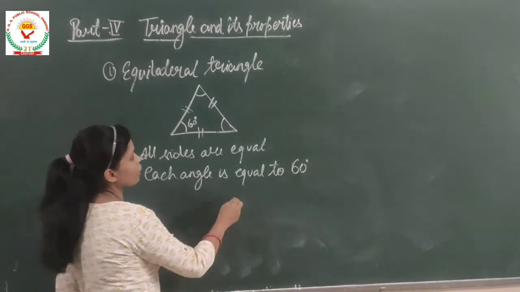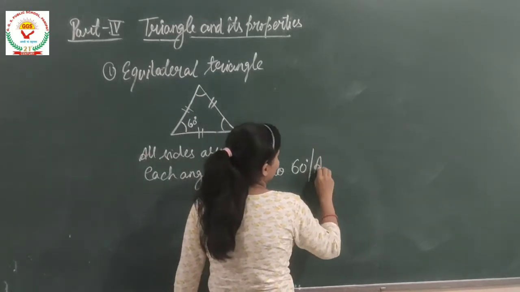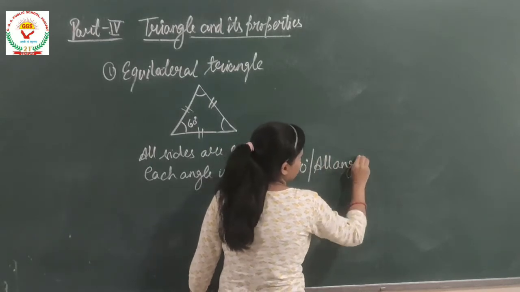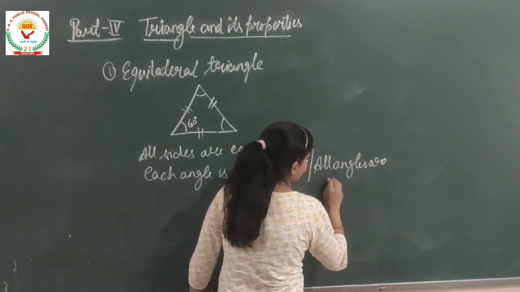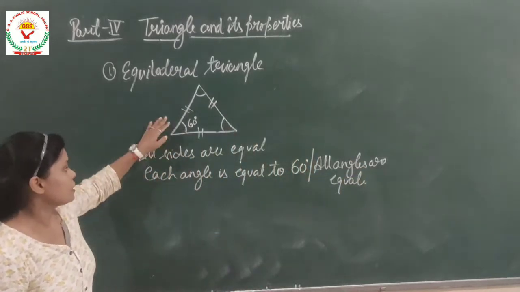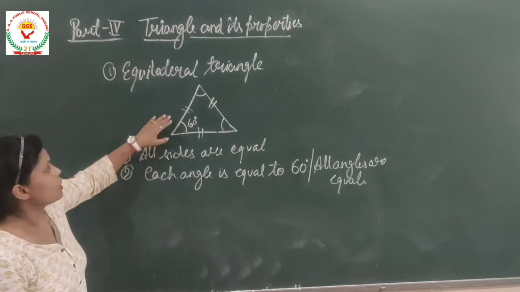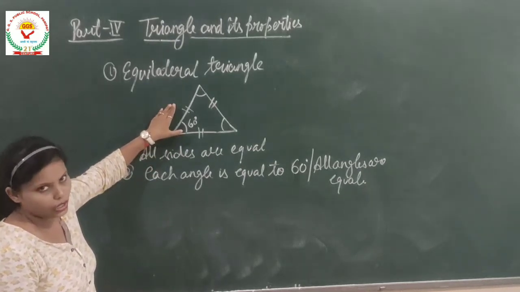Or we can say all angles are equal, right? So these two properties justify that the triangle is equilateral.